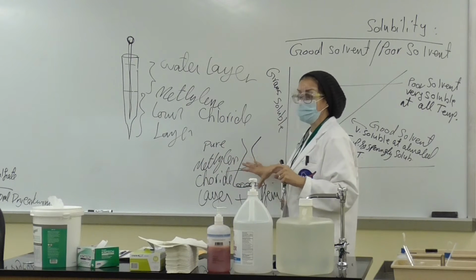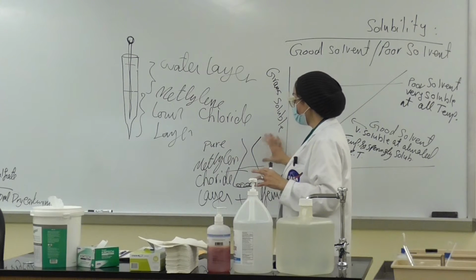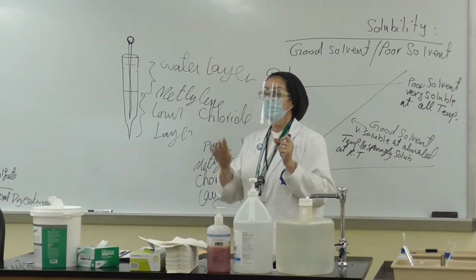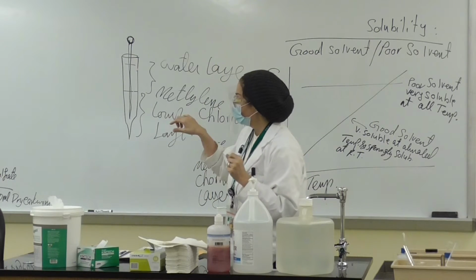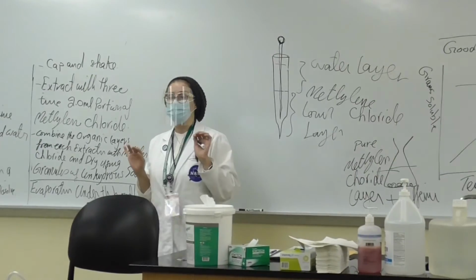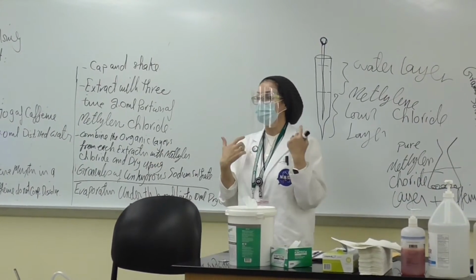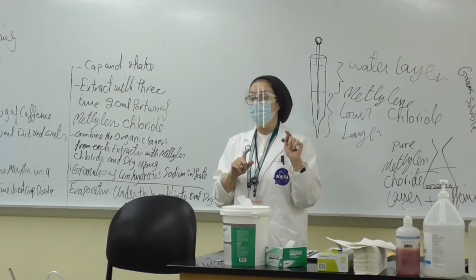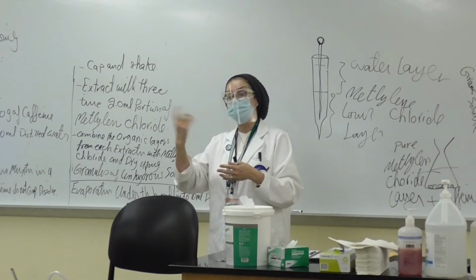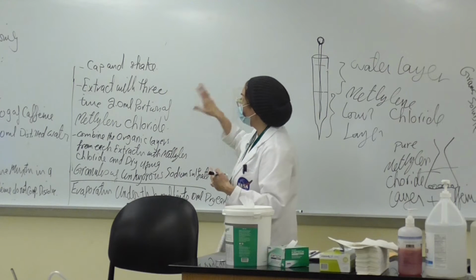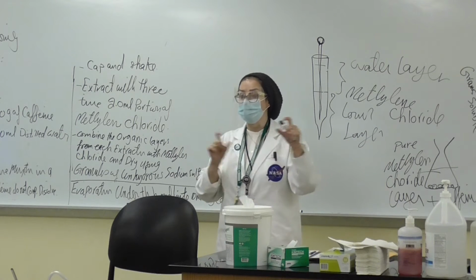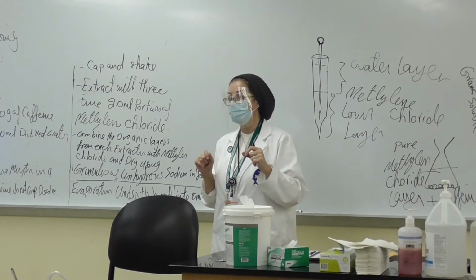After you dry it, make sure it is dry. You are going to take that, pour it into another container, like an Erlenmeyer flask, and then we are going to take it to evaporation. Evaporation of the solvent, because we are going to collect the caffeine back again, and we are going to calculate the percentage that you transferred from the aqueous layer into the organic layer, and we're going to see the percent error, okay?